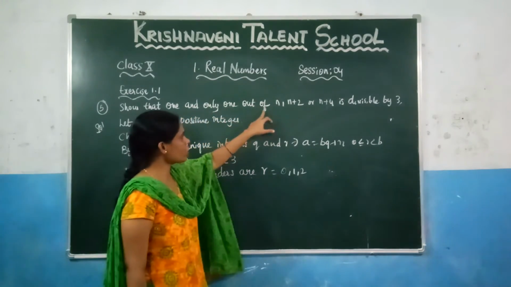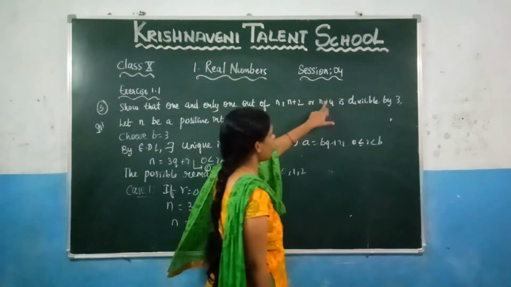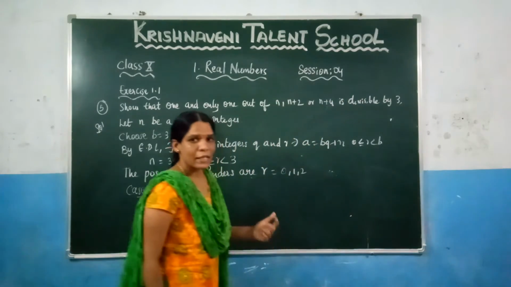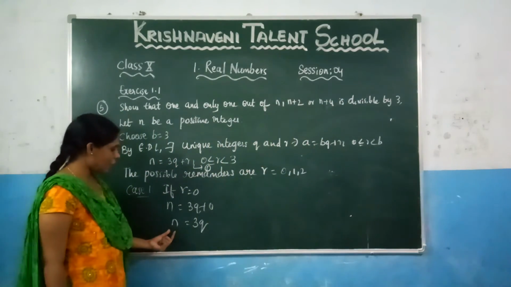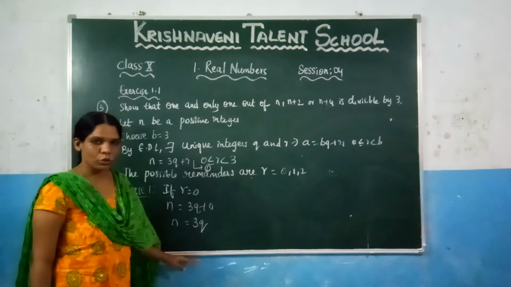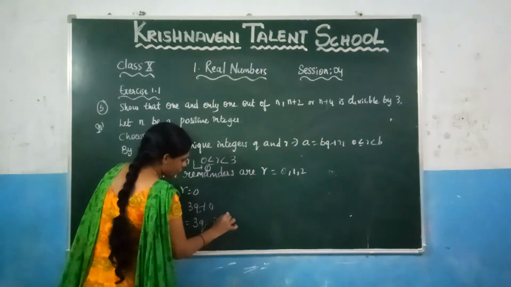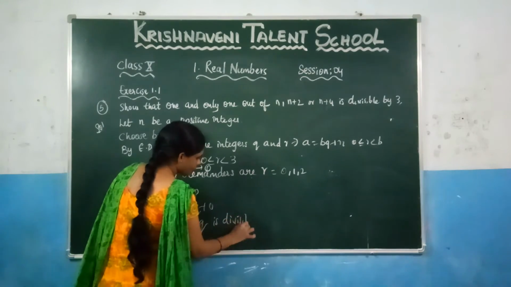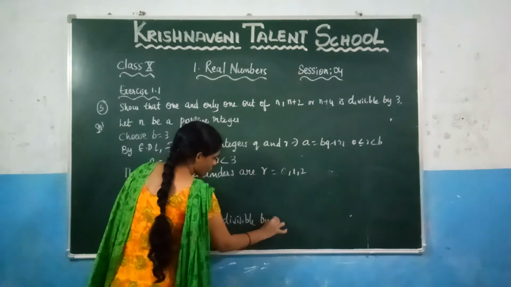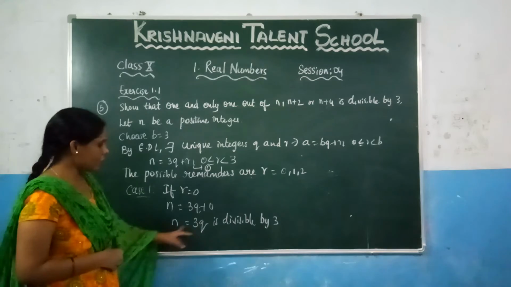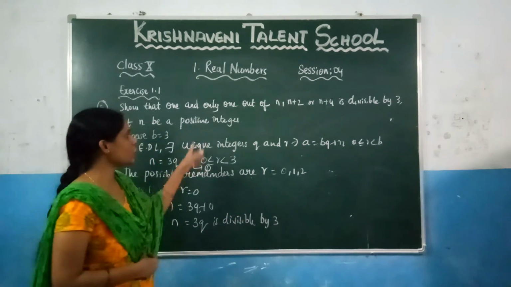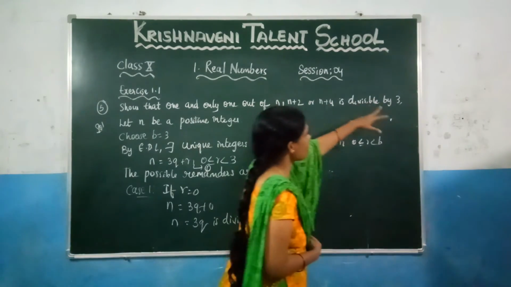Only one out of n, n plus 2, n plus 4 is divisible by 3. Clearly, you got the n value as 3q, and you know that this is divisible by 3. So write it here, is divisible by 3. So we have proved here n is divisible by 3. That is what we need to prove.